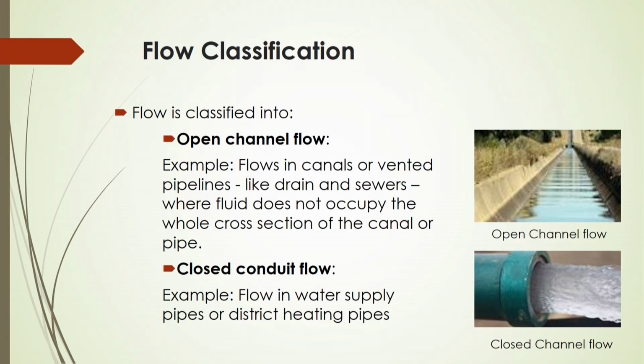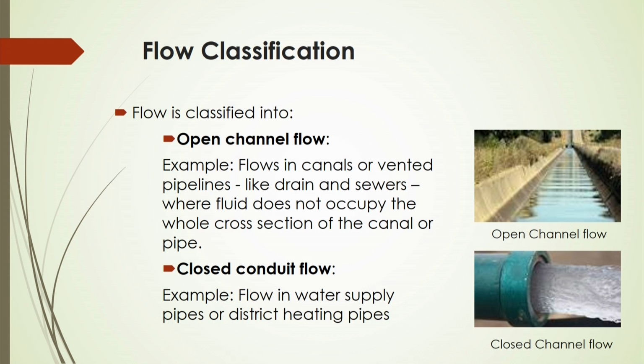For that, we have to know the different types of flow. Flow is classified into open channel flow and closed conduit flow. The open channel flow is shown in the figure here as an example: flows in canals and vented pipelines like drains and sewers, where the fluid does not occupy the whole cross section of the canal or pipe.